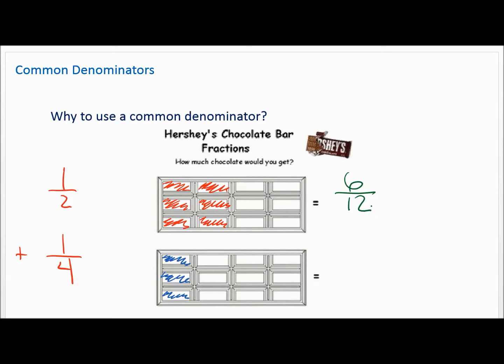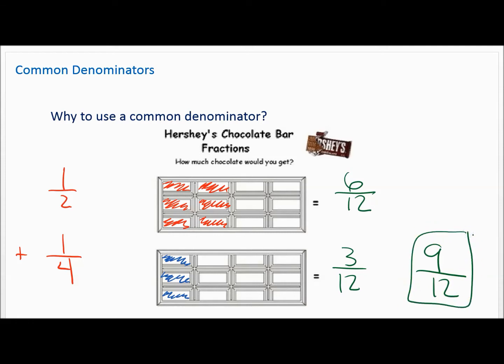And the second Hershey bar, because I'm adding these two fractions together, I have 1, 2, 3 out of 12 pieces shaded in. Now this I can add together because I'm talking about the same size pieces. So I can add together 6 plus 3 is 9 of these 12th sized pieces.